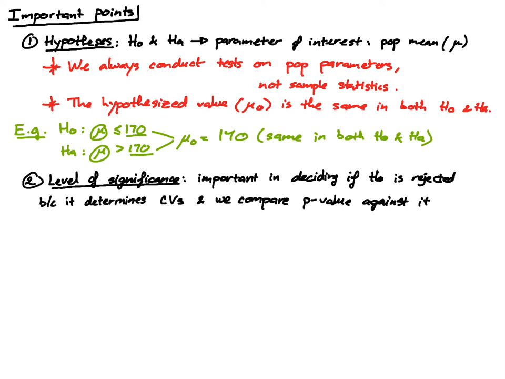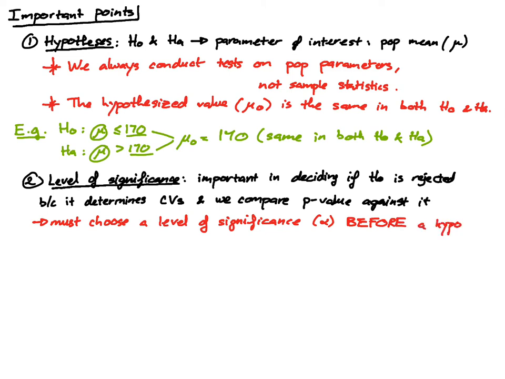Because of the importance of the level of significance, what we want to do is that we must choose a level of significance alpha before a hypothesis test is conducted.